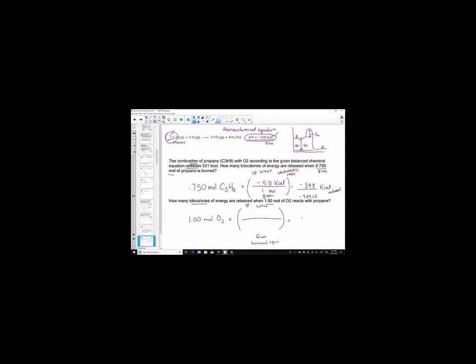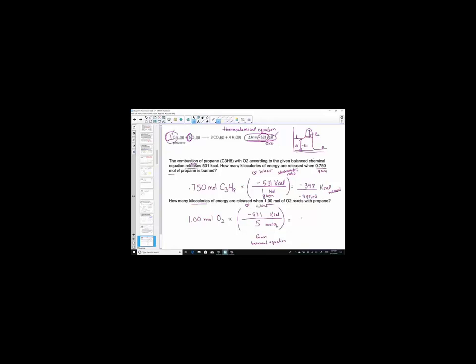Those conversion factors just come from your equation, don't they? We want to know kcals. Its value here is negative 531 from the balanced equation. And we started with moles of oxygen. Its coefficient from the balanced equation is a 5. So our want over given ratio is negative 531 kcals for every 5 moles of oxygen.